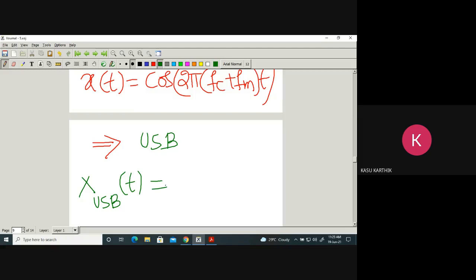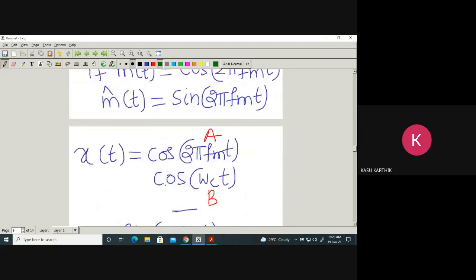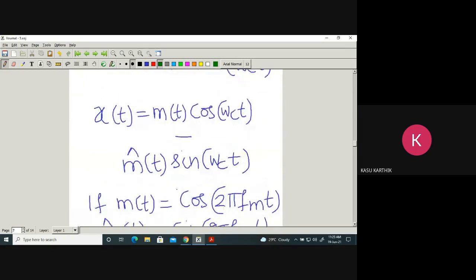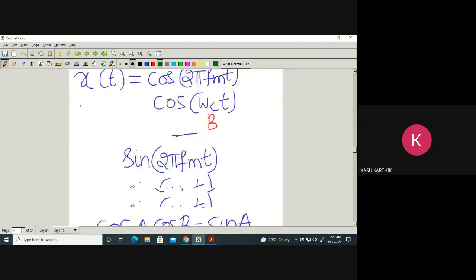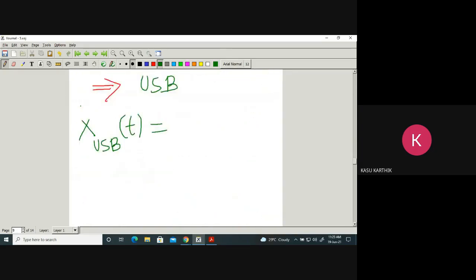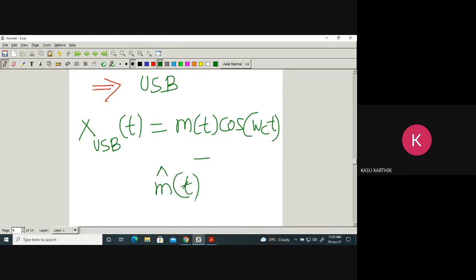But what is the equation I started with? m of t cos omega ct minus m hat of t sin omega ct.